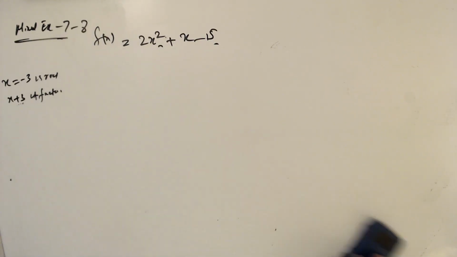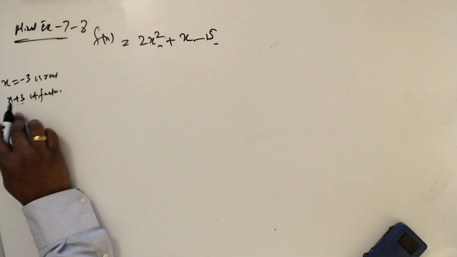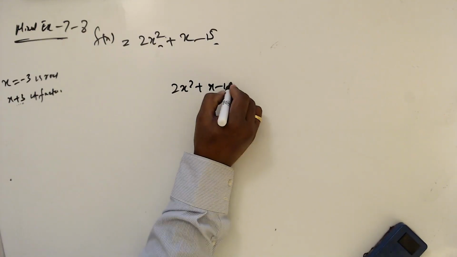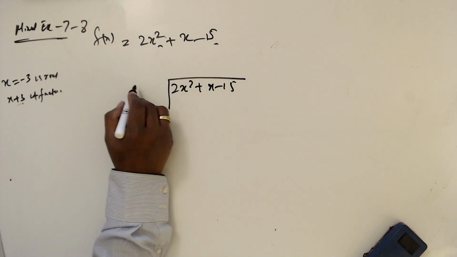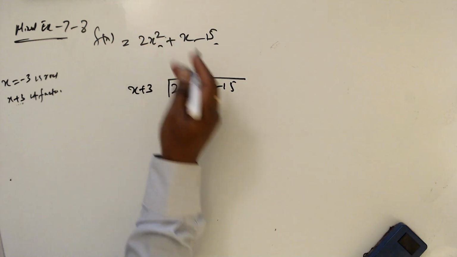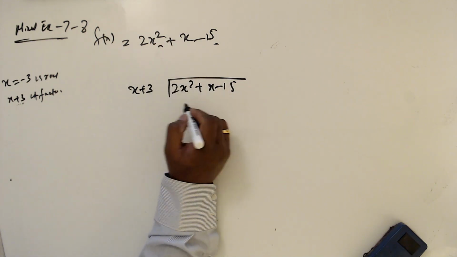So 2x squared plus x minus 15 divided by x plus 3. Or you can work the normal factorization, bracket out, but I am going to do this one.